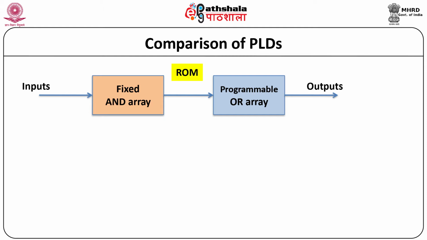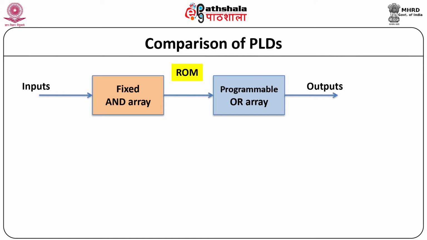There are three types of PLDs, namely read only memory, that is ROM, programmable logic array PLA, and programmable array logic PAL. Let us begin with the architecture of ROM. In this type of PLD, the input connections to the AND array are fixed and the connections to the OR gate are programmable.